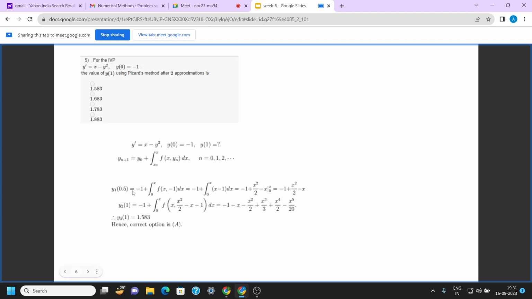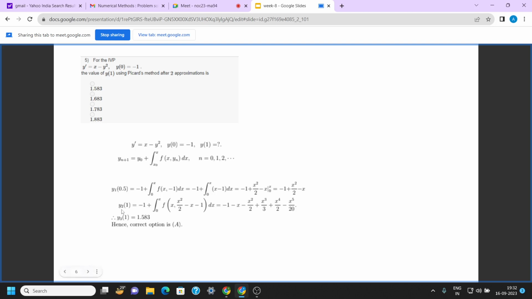This will give you -1 plus the integral from 0 to x of f(x, y0), that is f(x, -1). Substitute it in x - y^2 and you will get x - 1. Integrate it, you will get this. Okay, so in this way you will get y1.